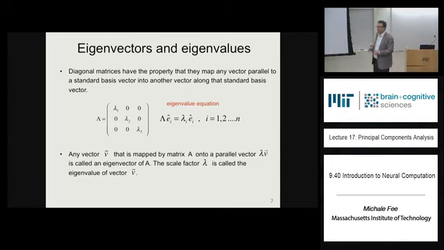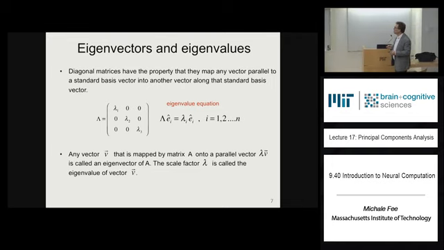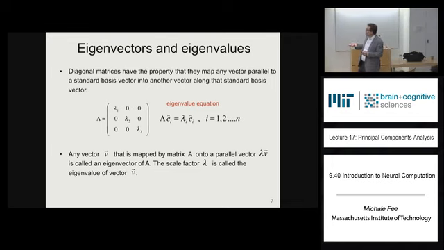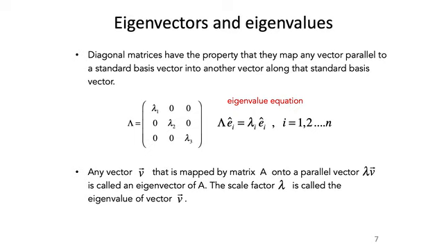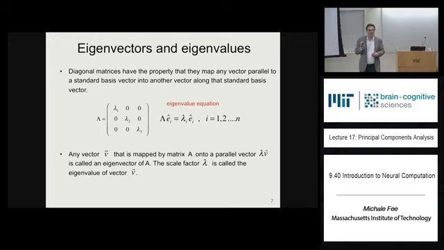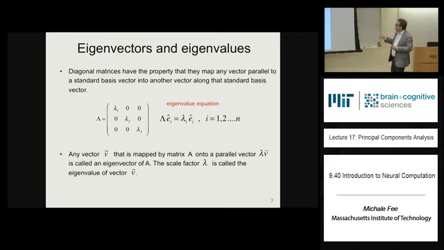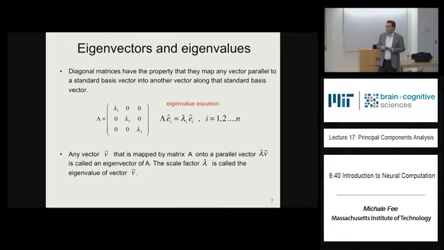We're going to generalize now from diagonal matrices to an arbitrary matrix A. The statement is that any vector that, when you multiply it by a matrix A, gets transformed into a vector parallel to v is called an eigenvector of A. The one vector for which this is true that isn't called an eigenvector is the zero vector, because a zero vector times any matrix is equal to 0.